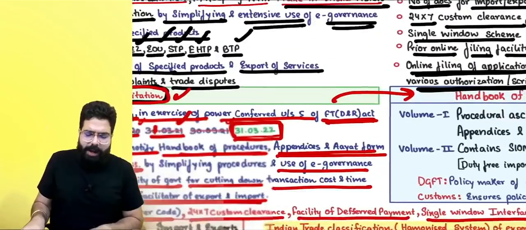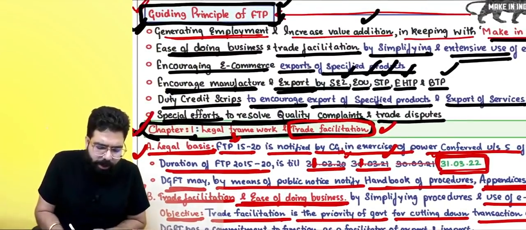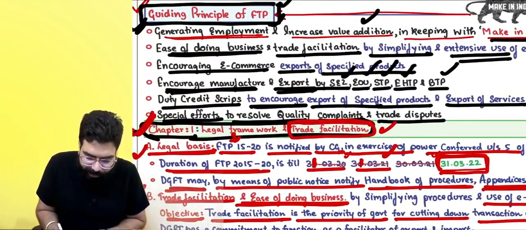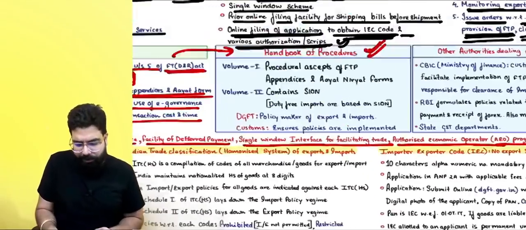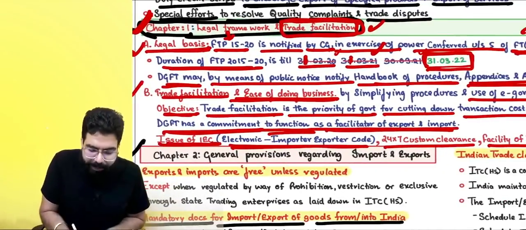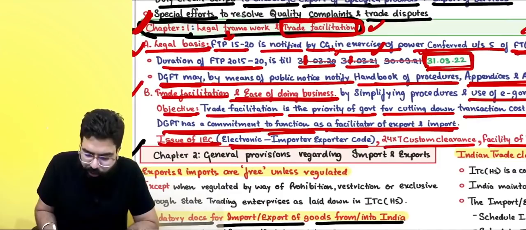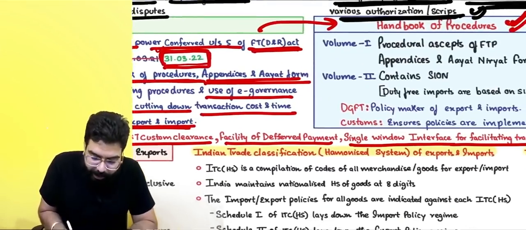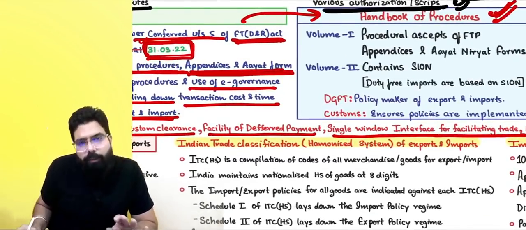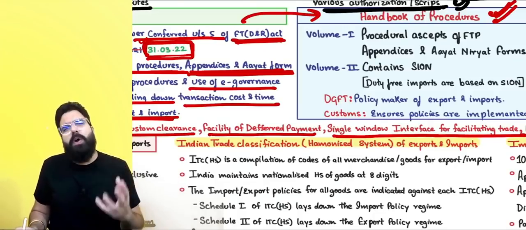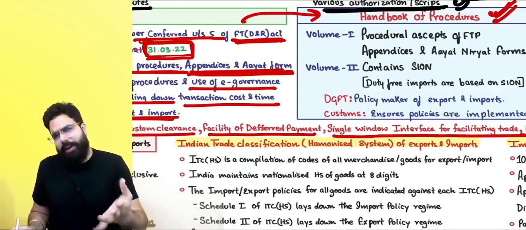So all these are launched by the government as a step towards trade facilitation. Okay, sir, point is clear. Now, I told that DGFT may by means of public notice issue the Handbook of Procedures, appendices, and ITC forms. Sir, what are these forms? These are the forms which are required in your foreign trade. Okay, sir.